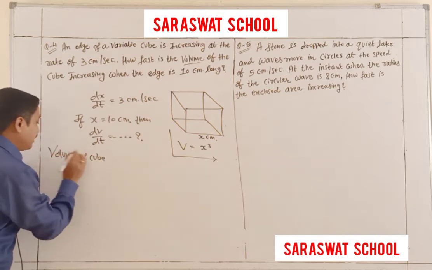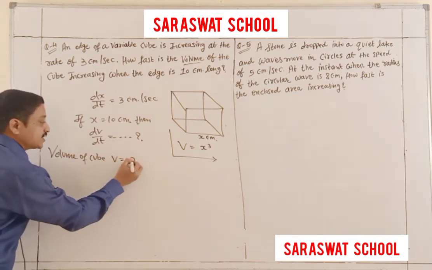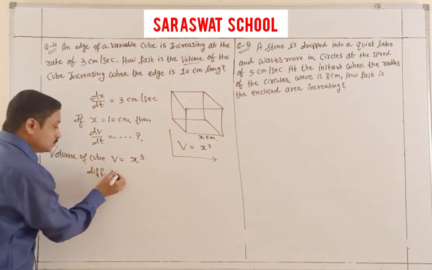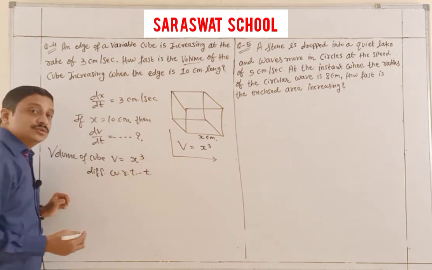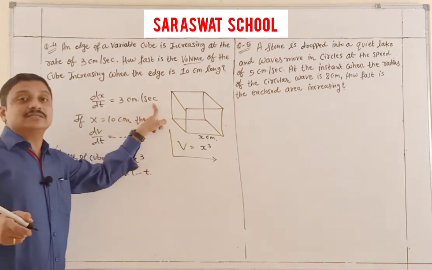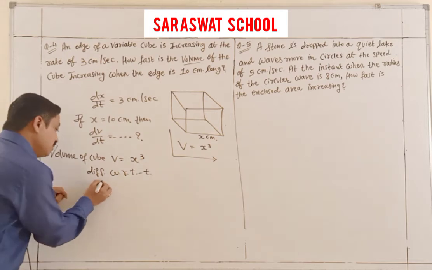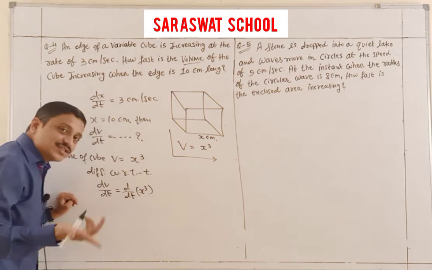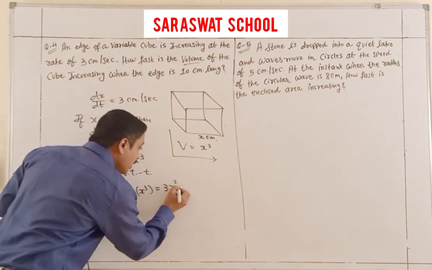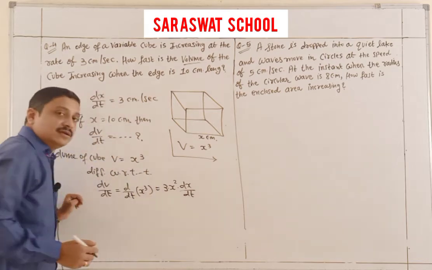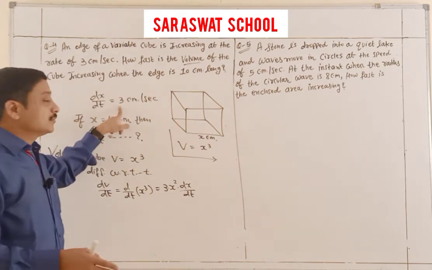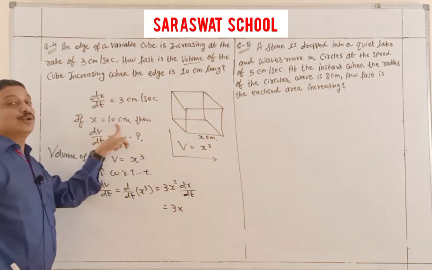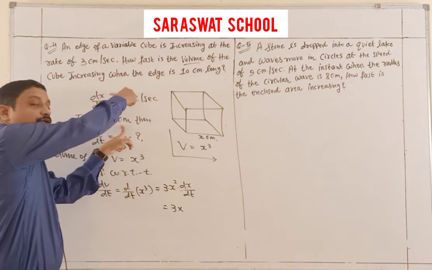Just applying V, which is x cube, I take the derivative with respect to time. Differentiation with respect to t, because here time itself is given. So students, dV versus dt is d by dt of x cube, and the derivative is 3x square dx by dt. Now what is dx by dt? Apply there 3, and the side x is also given as 10, but check that both units are the same.